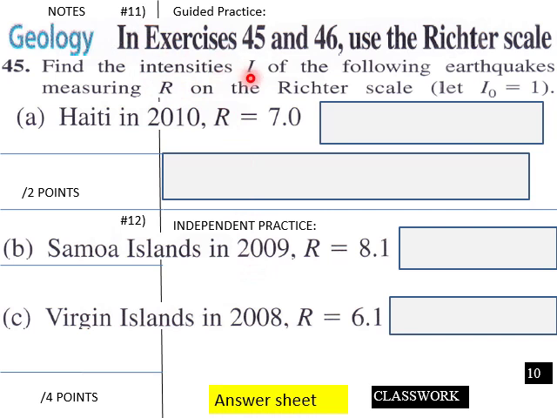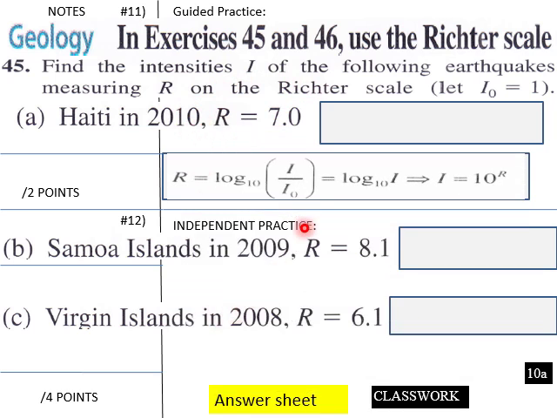So let's try one now. We've got Haiti in 2010, Richter equals 7.0, and then the Samoa Islands 8.1 and the Virgin Islands 6.1. So find the intensities I of the following earthquakes.